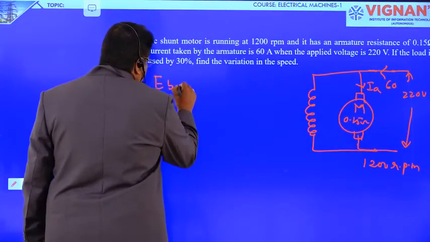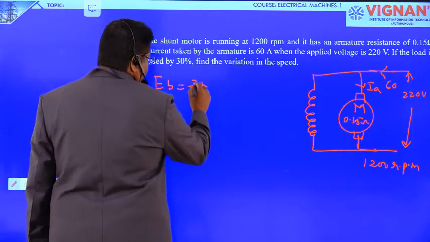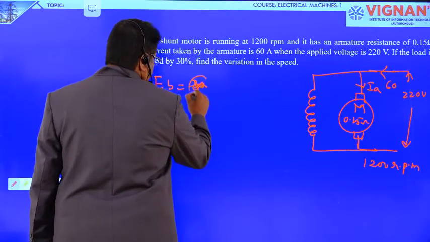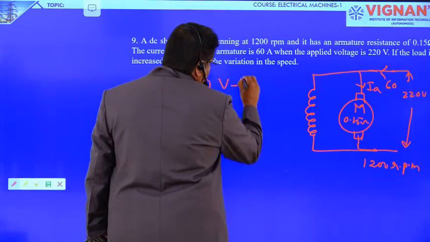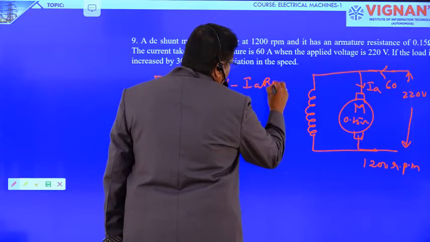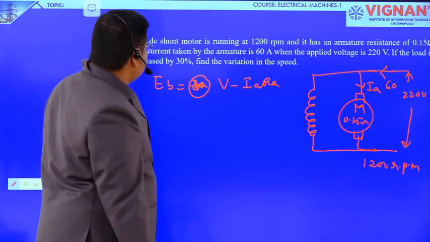EB equal to V minus IA RA. We are neglecting the brush voltage drop because the brush voltage drop is not given.